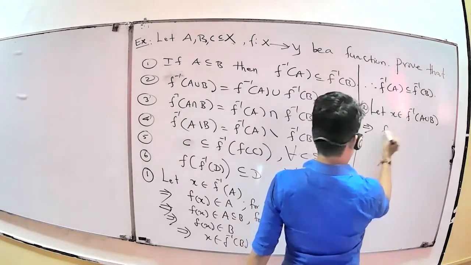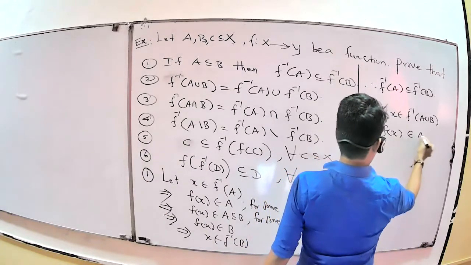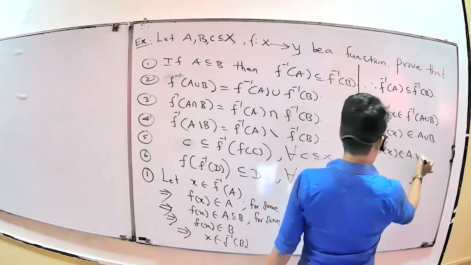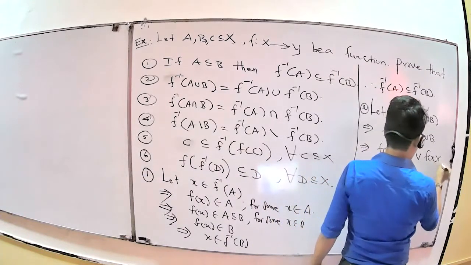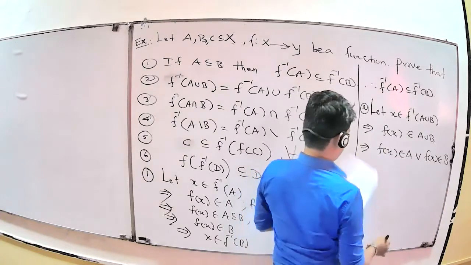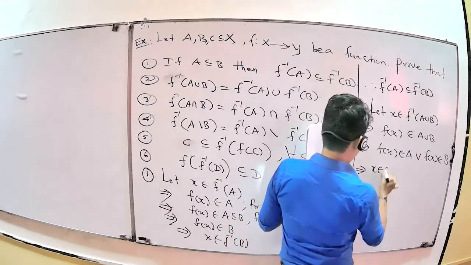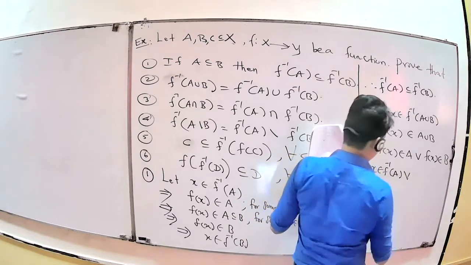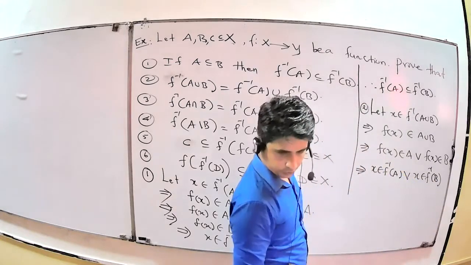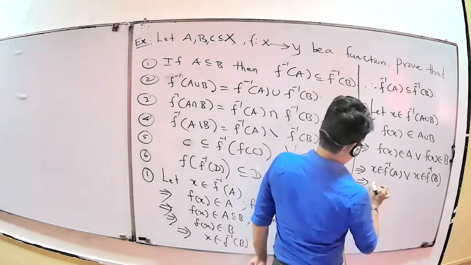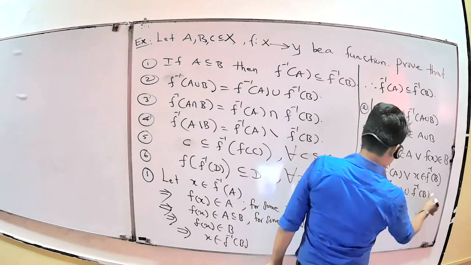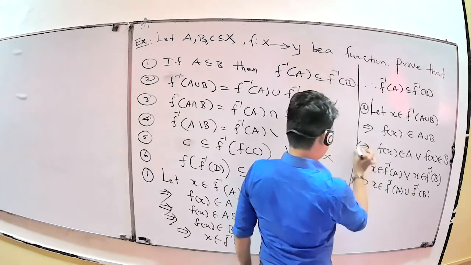This implies f of x belongs to A union B. This means f of x belongs to A or f of x belongs to B. This implies x belongs to f inverse of A or x belongs to f inverse of B. From this, x belongs to f inverse of A union f inverse of B. The reverse part is also true.